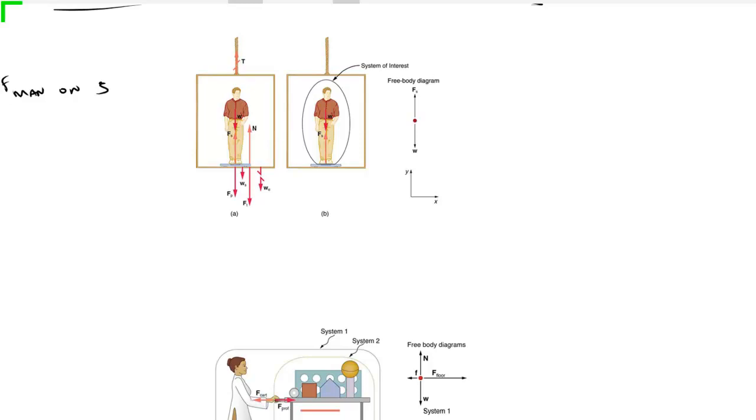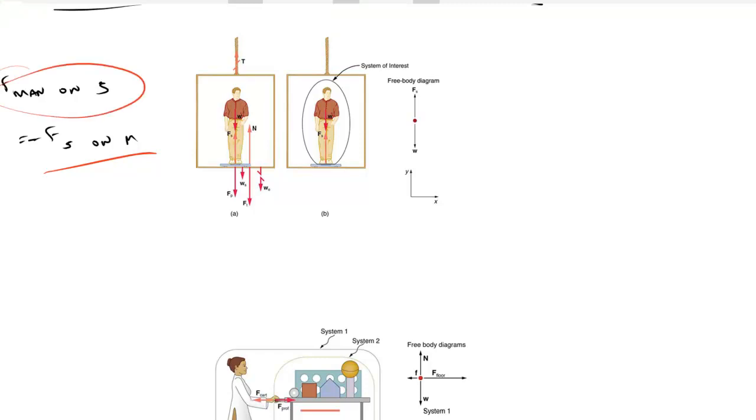But by Newton's third law, we know that this is going to be equal in magnitude, yet opposite in direction, to the force the scale exerts on the man, right? So if we can find the force the scale exerts on the man, then we can just flip the direction and take the same magnitude, and then we'll have the force of the man on the scale.